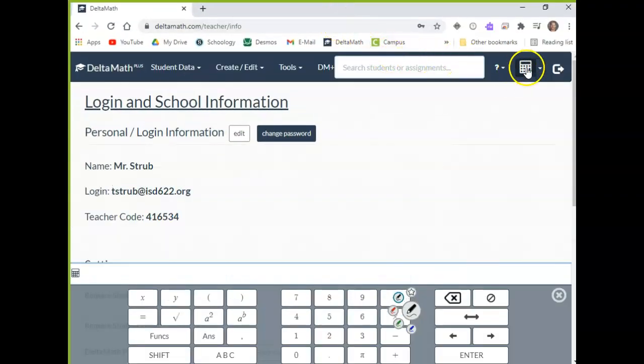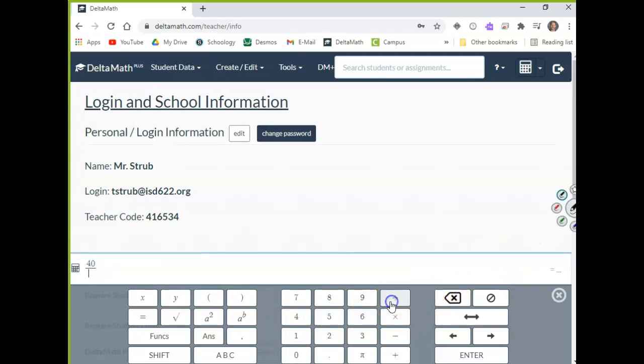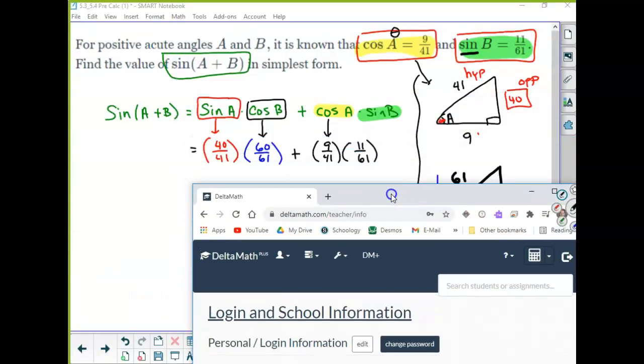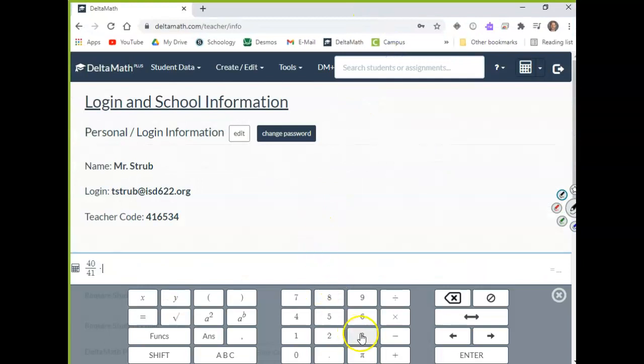So if you go to your calculator up here and got 40 divided by 41, and then you do have to push over times, I already forgot, 60 over 61.